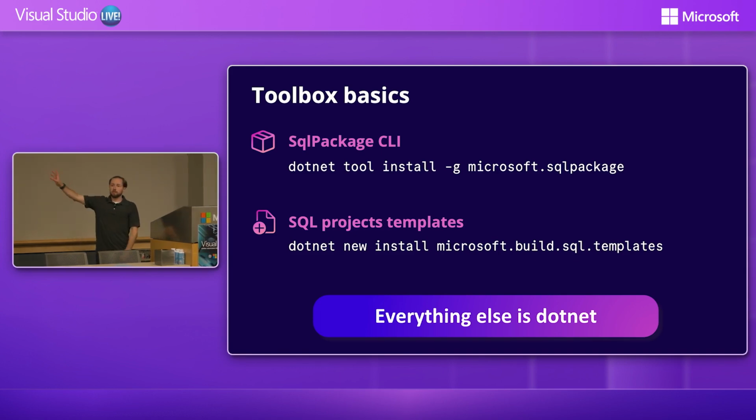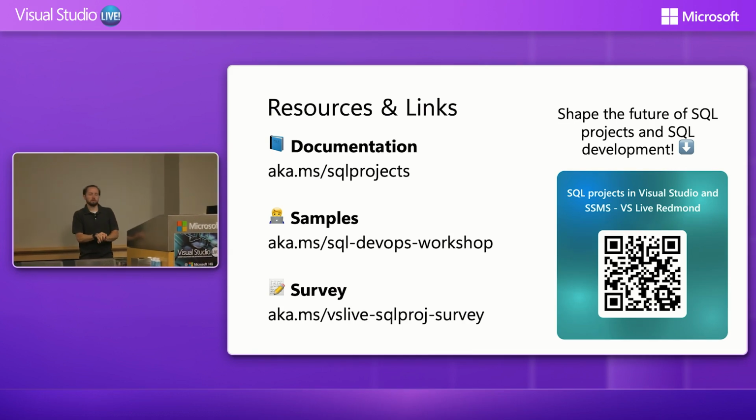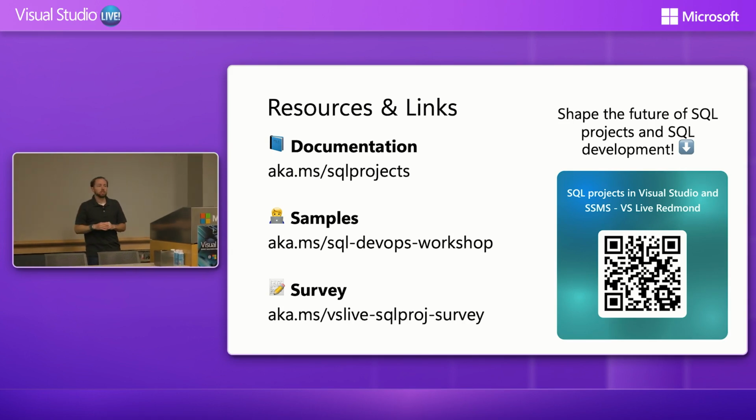So yes, these are the 2 CLI components. And then these are your primary resources to start from. The top one is the Microsoft Docs on SQL projects. There's a bunch of different things in there, but that also will branch out into your Visual Studio docs, your VS Code docs. That'll help out a lot. The workshop in the middle, a bunch of different example pipelines, ideas of how to do version control and all kinds of fun stuff. Survey on the bottom, very helpful to me.